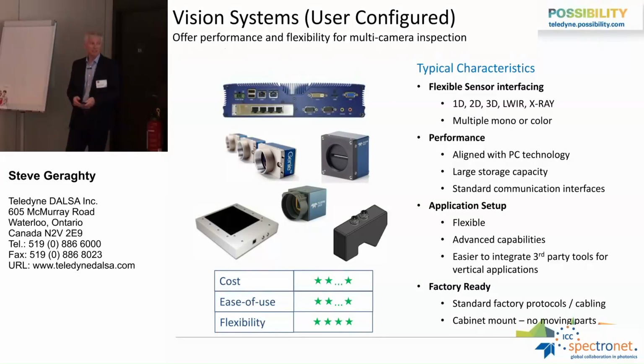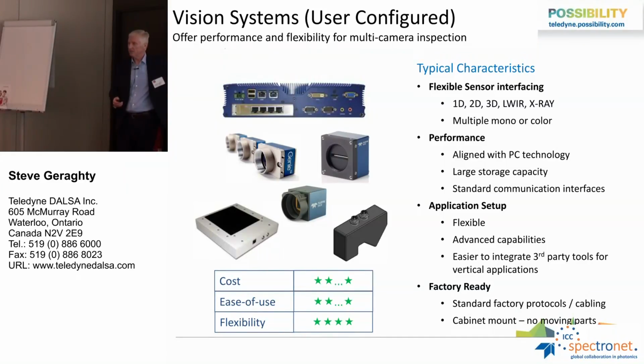They're very convenient. They've got lots of storage, lots of processing power, you can mix and match things, and if your requirements change, you can adapt the system to change with that. So you get that flexibility and performance, and the price is not too much different. If you add lots of cameras to these things, the price per camera goes down dramatically.